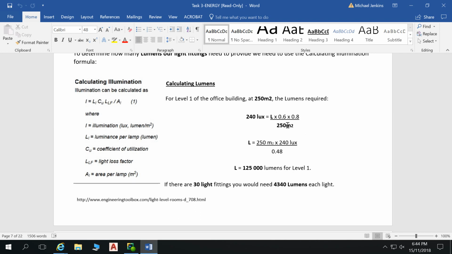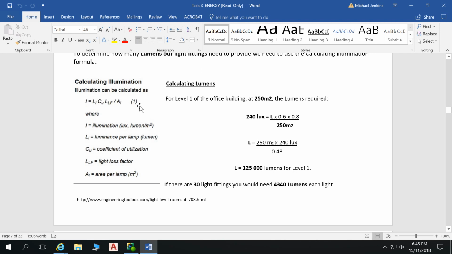Now, if you're a lighting designer, you would pull these apart and say, okay, our coefficient of utilisation for these particular tasks is going to be this, our light loss factor is going to be this. You'll go far more into that. This is just a very simple calculation, so you can use this coefficient of utilisation and light loss factor for other general calculations you wish to do in regards to lighting.